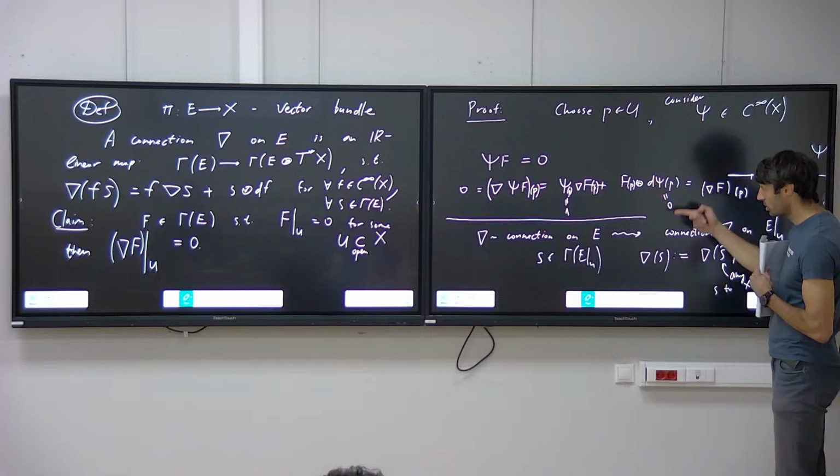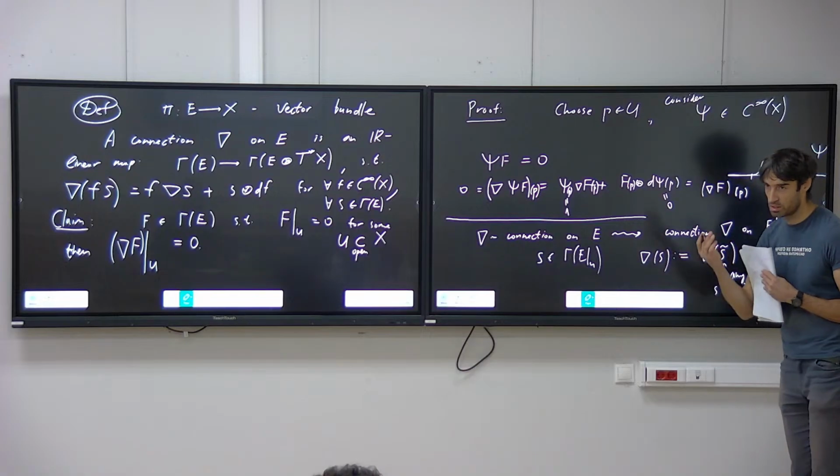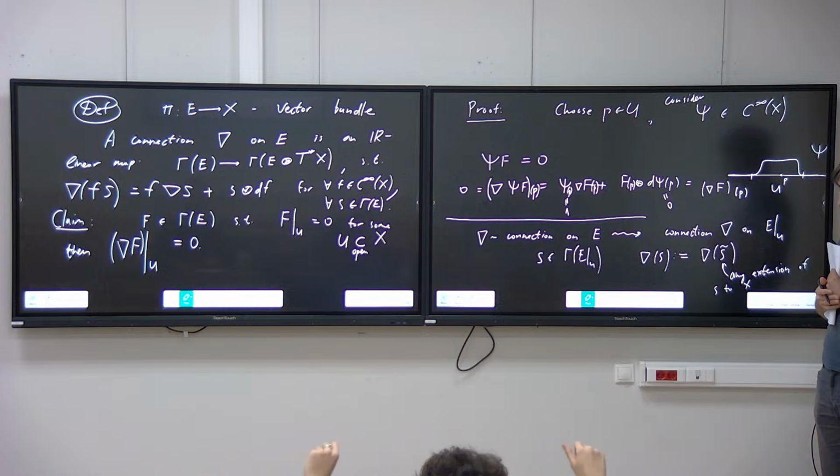And because of the previous proposition, this is well defined, it doesn't depend on the extension.